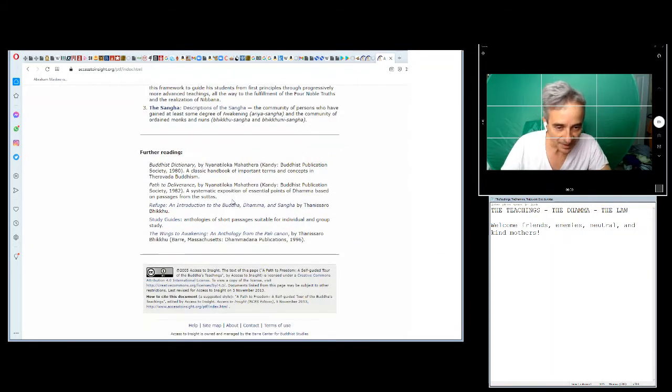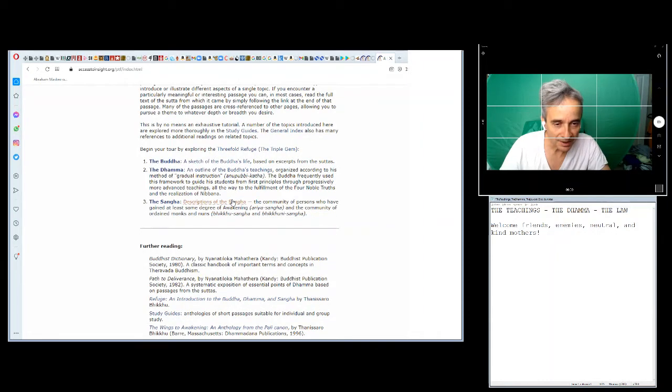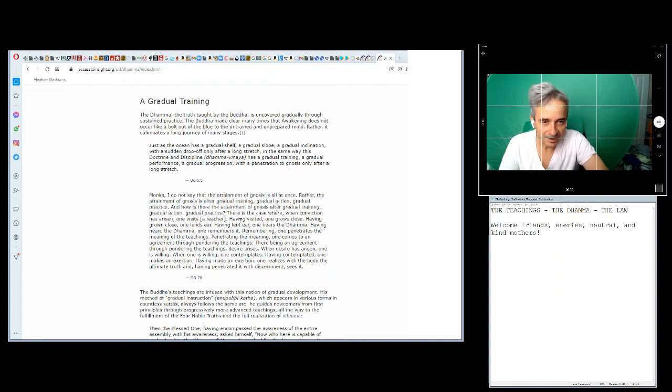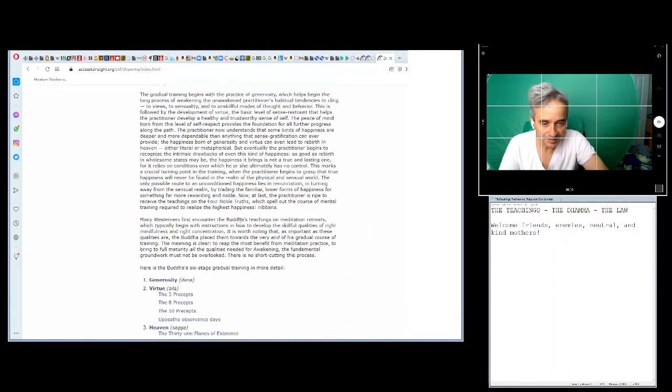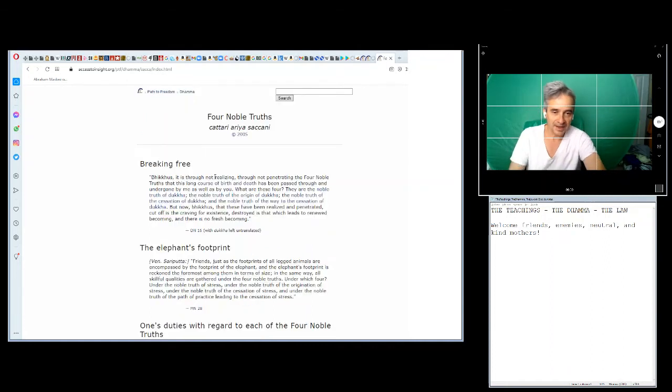Let's see, refuge, path of deliverance, study guide, the Dhamma. Outline of Buddha teachings, a gradual training. Let's see, the Four Noble Truths. I'm going to go there. Okay, the Four Noble Truths.